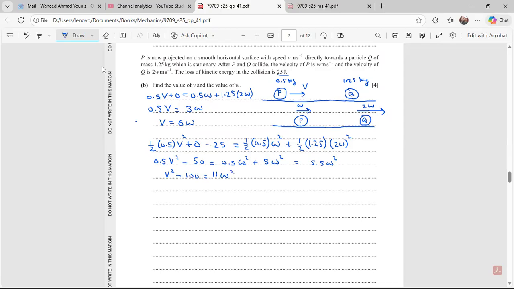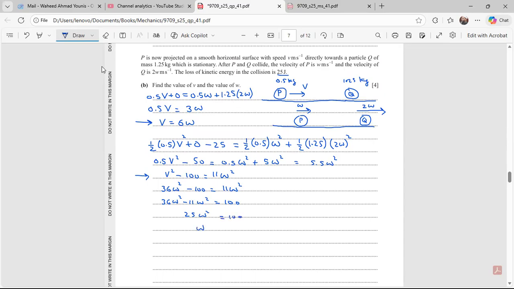Okay. So now I have two equations, one is this one, one is this one. I have two equations and two unknowns, so I can use them together to solve. Let's replace V by 6W. So V square is going to be 36W square, am I right? Minus 100 equals 11W square. So 36W square minus 11W square would be equal to 100. 36 minus 11 is 25W square is equal to 100.